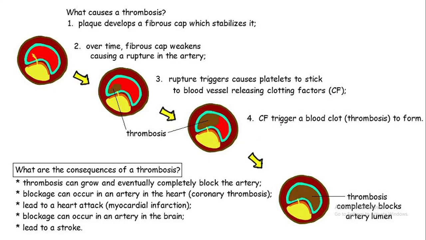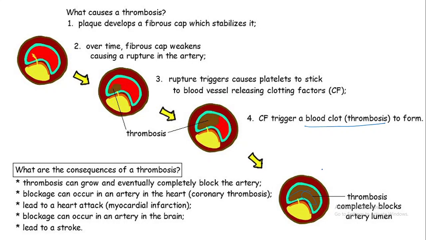Clotting factors trigger a blood clot. A blood clot is nothing but thrombosis being formed. Thrombosis completely blocks the arterial lumen, which can lead to a heart attack. When the blood flow stops, how is it going to reach the heart? Gradually the heart is going to stop.